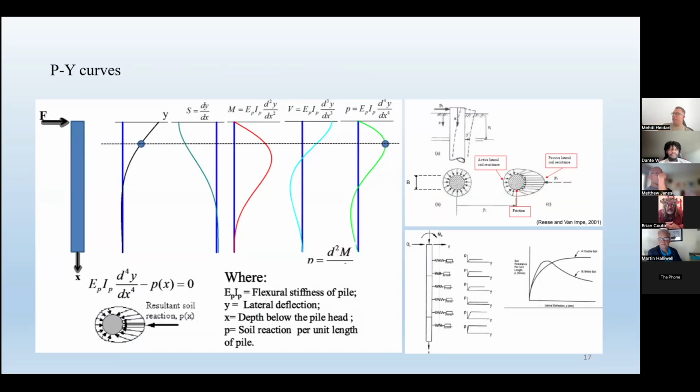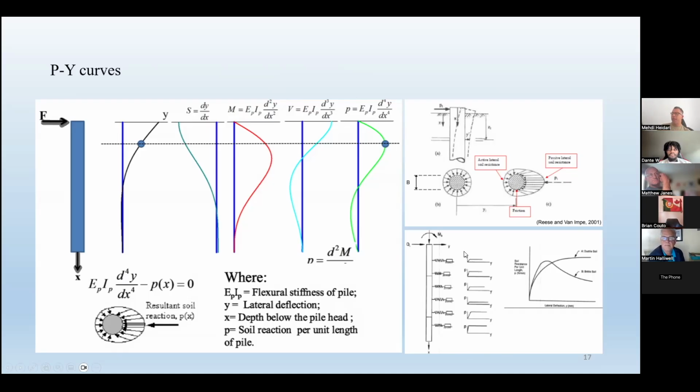As you can see in this corner, this is one example of a PY curve. Sometimes they simplify these curves like that. At each depth, in the case of vertical laterally loaded piles, we have different PY curves at different depths, and these are for different types of soil and different conditions.